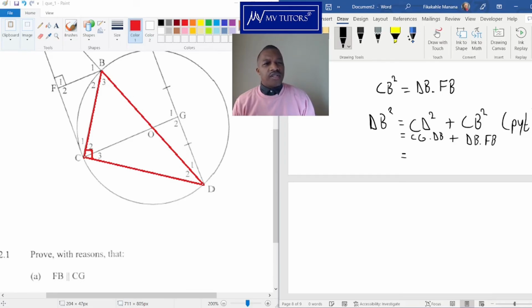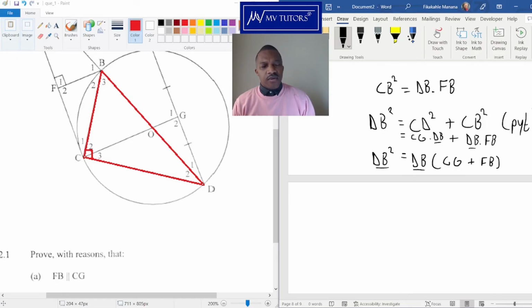Okay, now all we need to do is factorize, because you see both of them have DB in common, so we can take out DB. If we take out DB here, we're left with CG. My C looks like a G. Anyway, it's a C. And then this side, if we take out DB, we're left with FB. See what's going to happen now? Yes, we're going to divide both sides by DB.